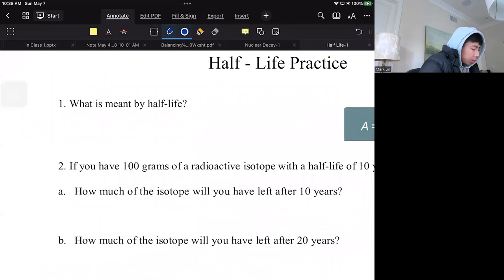All right, so let's go. Number one, what is meant by half-life? The definition is on the slides.